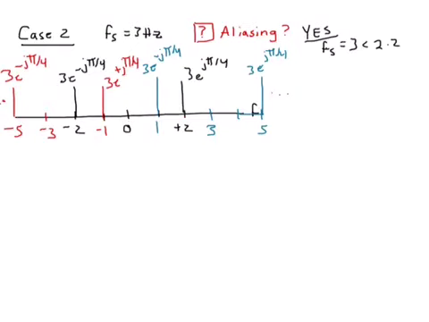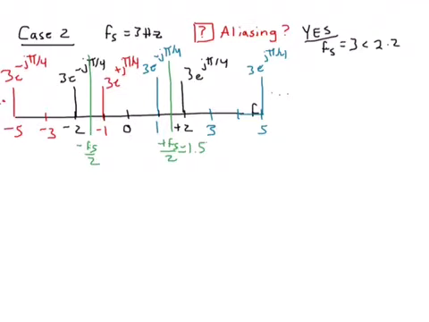We end up with a spectrum that's periodic, and the only part that's unique lies between minus fs over 2 and plus fs over 2, and everything else is just repeated outside that. That's minus fs over 2 and plus fs over 2, which in this case is 1.5.